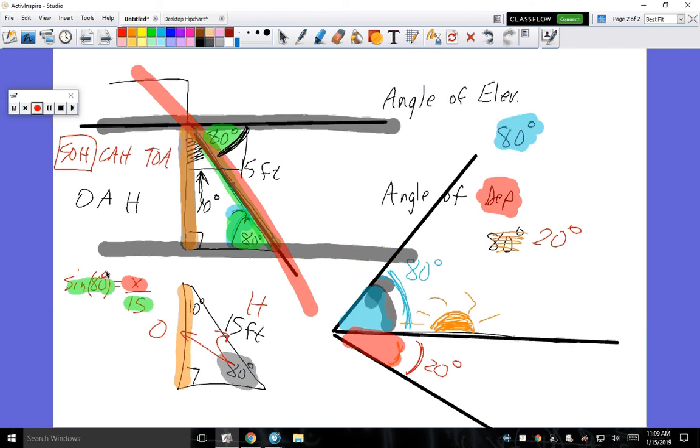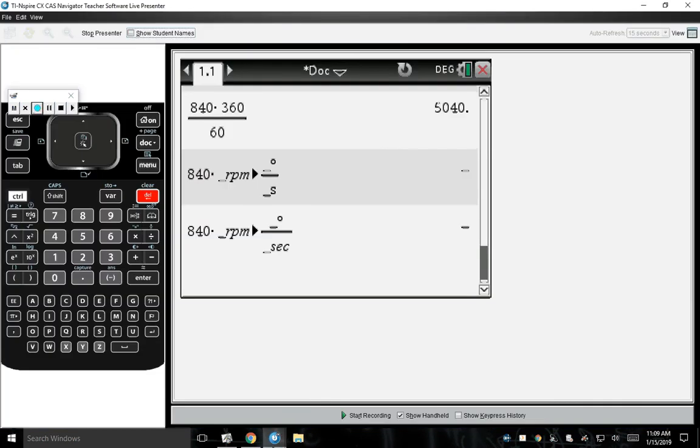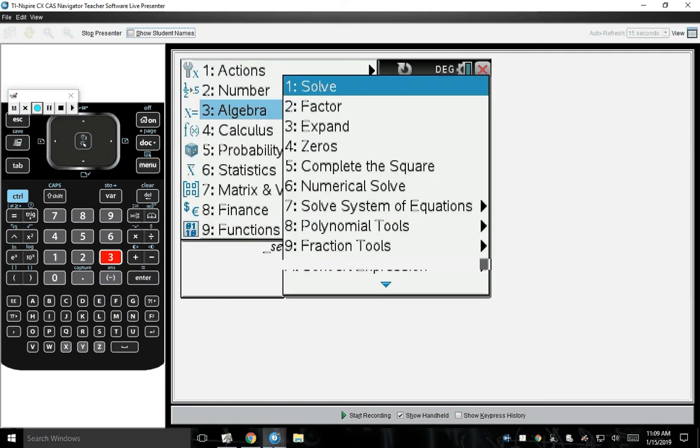Questions? Okay. How do you want to solve it? Do you want to use the solve feature, or do you want to do this by hand? Let's do the solve feature. Just solve, because I'm not looking for an angle. In solve is the angle. So we could do the solve feature on this. We'll do menu 3-1.